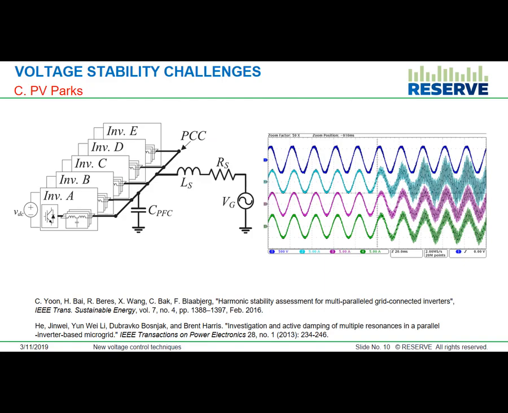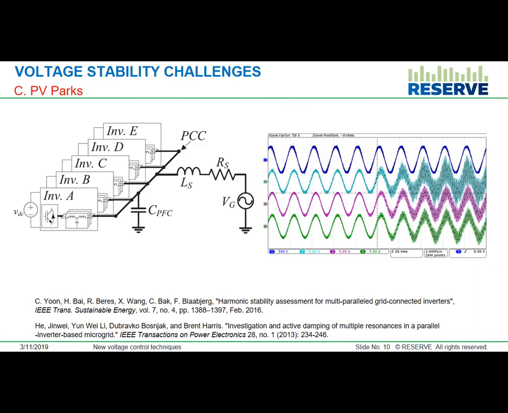So let's take an example of a photovoltaic park again. You have a lot of inverters trying to share the power that is being generated by the photovoltaics. You could have many PV strings behind each inverter generating the power, and then they are all tied to one point of common coupling, the PCC, and then it's injected into a high voltage grid.